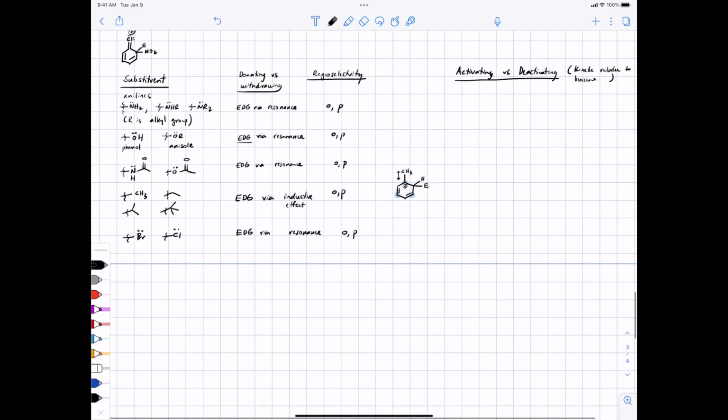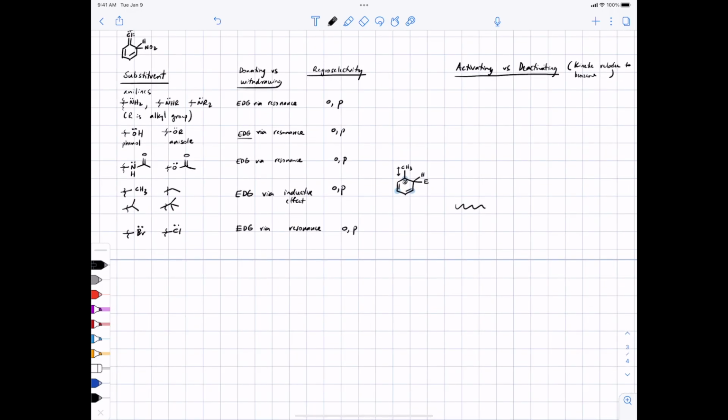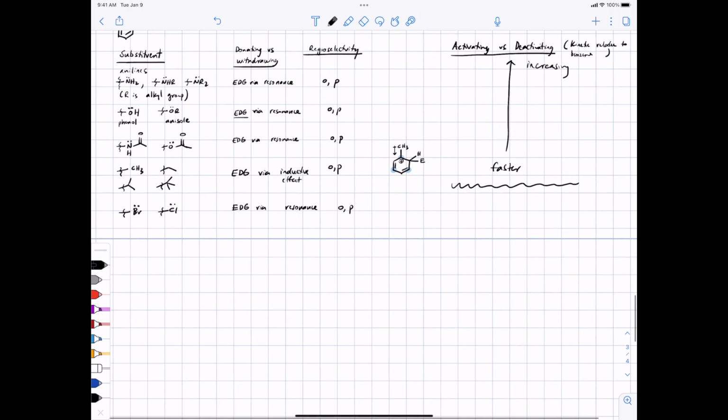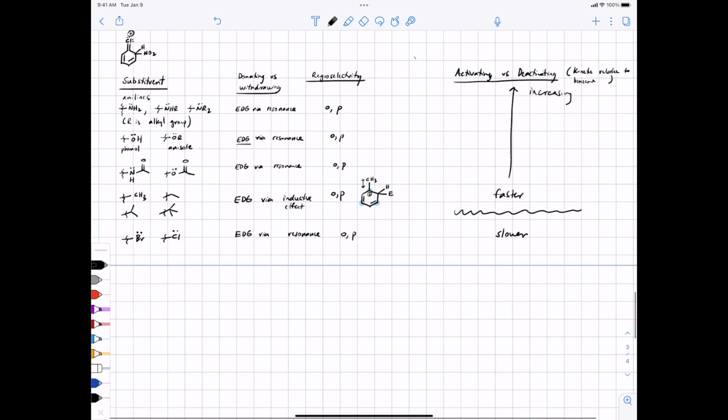So up till this point, all of these things are faster than benzene, with speed increasing. For the halides, they react slower than benzene. And that is because the resonance effect dominates regioselectivity, but for a lot of these resonance donors, there's another thing going on in the background, and that is electronegativity.